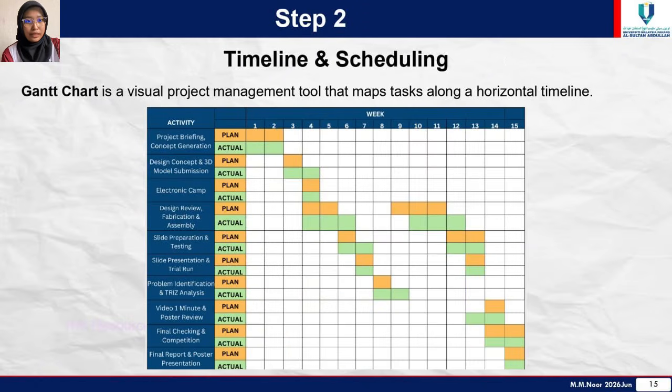Step 2, timeline and scheduling. A Gantt chart is a visual project management tool that maps tasks along a horizontal timeline. In a Gantt chart, we need to follow from week 1 until week 15, or the weeks we're supposed to finish our project. The plan and actual is key.